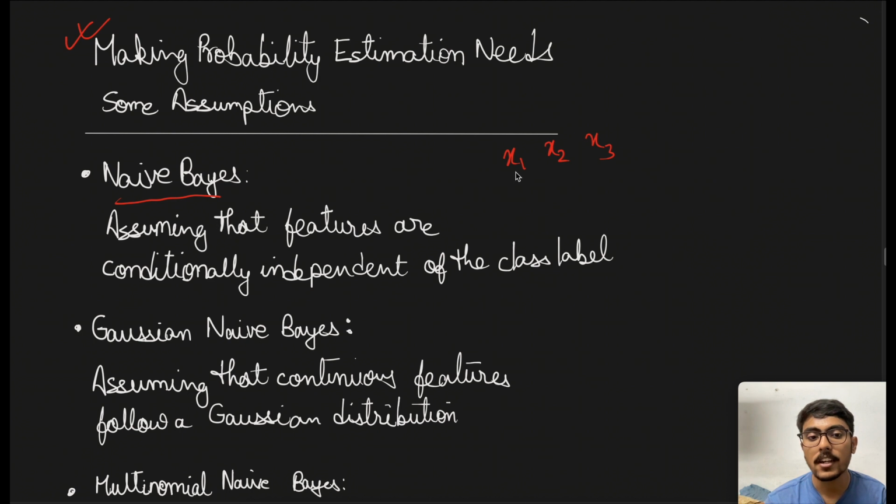Suppose that if y is 1, then x1 equal to 0. Suppose this is a data object. This will not occur repeatedly, because x1 does not depend on y being 1. x1 can take any value and it is independent of y. So that is what is mentioned here.